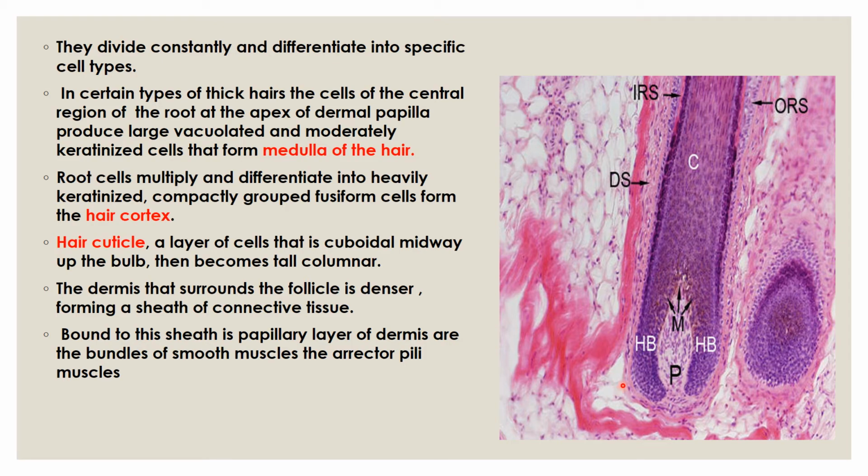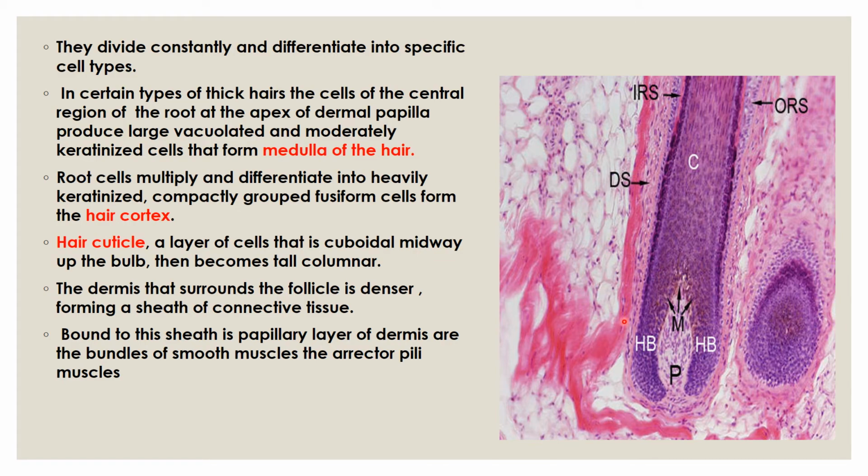Now this dermal sheath continues with the dermal papilla upside at the level of the epidermis. The papillary layer of the dermis surrounds this dermal sheath, and there you can identify the bundles of smooth muscle forming the arrector pili muscles which are attached to it.